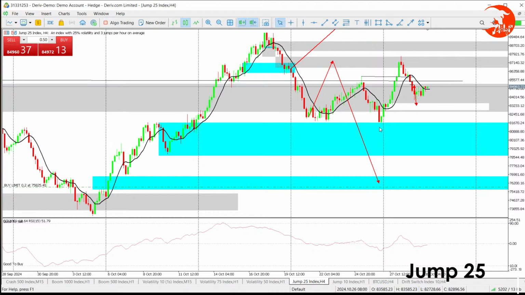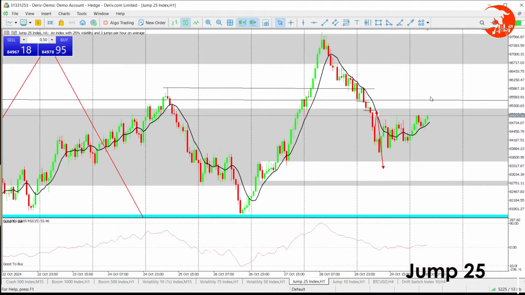So where are the sales? Okay, sales are to bring us to this level here. Then we can head over to buys. We can go back into buys. H1 is also showing sales, so it means it has to come back. We haven't reached this level here.